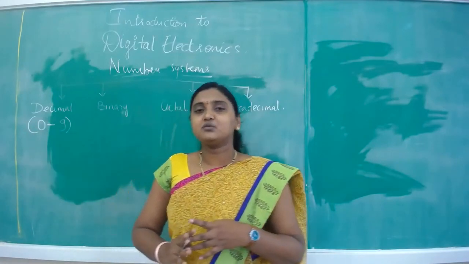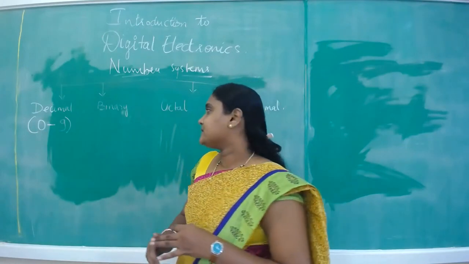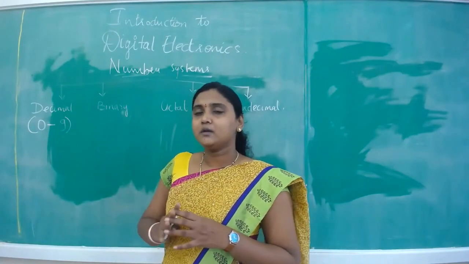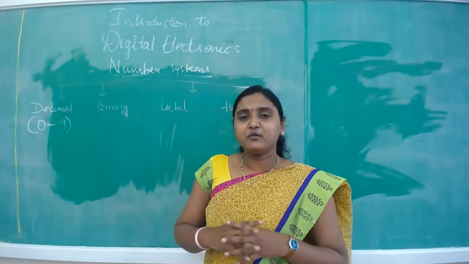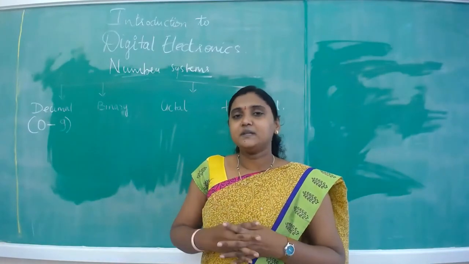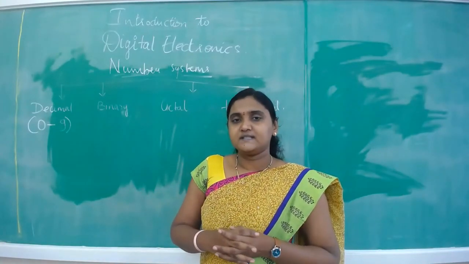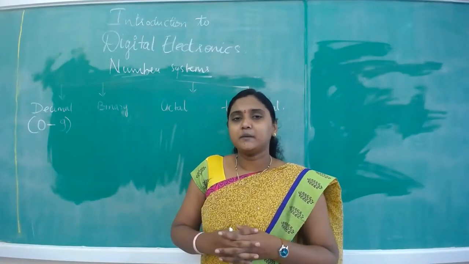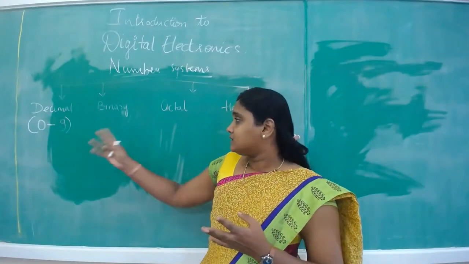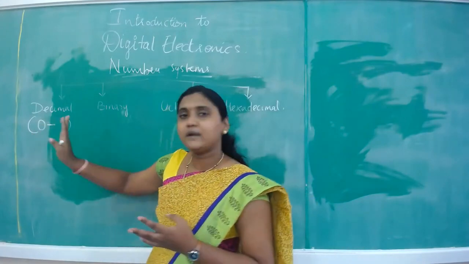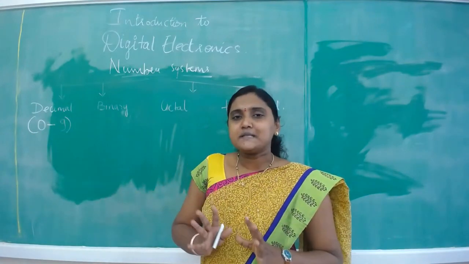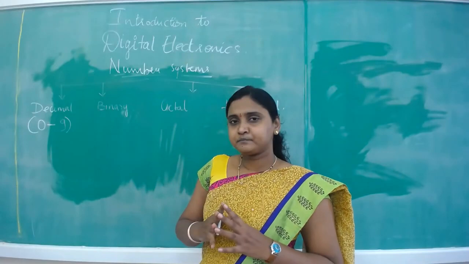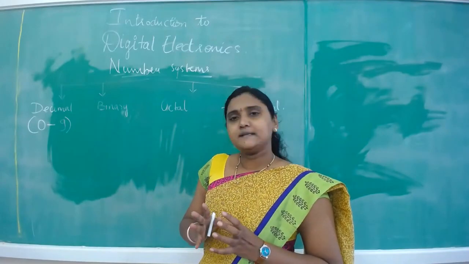I've taken the example of 124. We can also make many decimal numbers. A 2-digit number may be 18: 1 and 8 fall between 0 to 9. So from these 10 available symbols, we can form any decimal number.